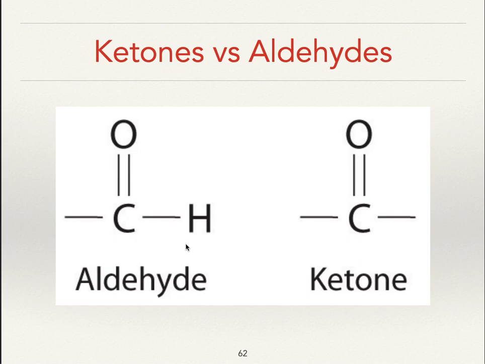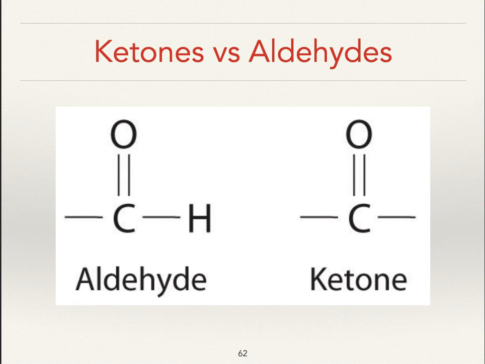That's not true for aldehydes. Aldehydes always have their functional group on one end of the molecule because the hydrogen here stops the molecule. Hydrogen can't bond to anything else, so this is necessarily the end of the molecule.